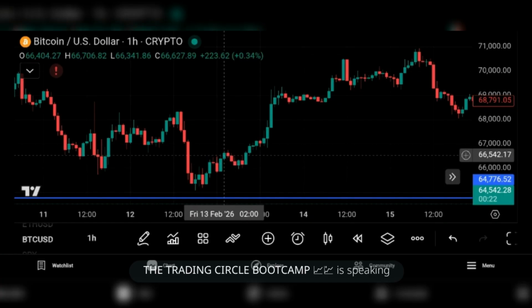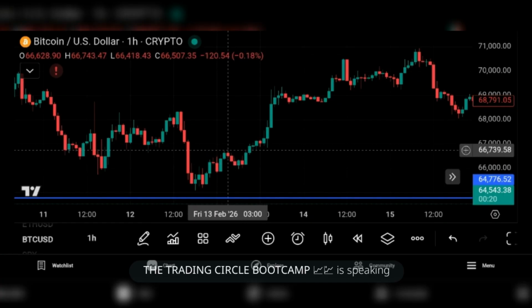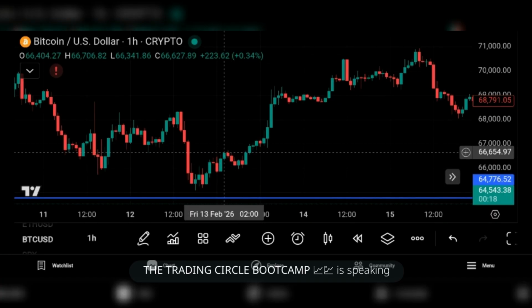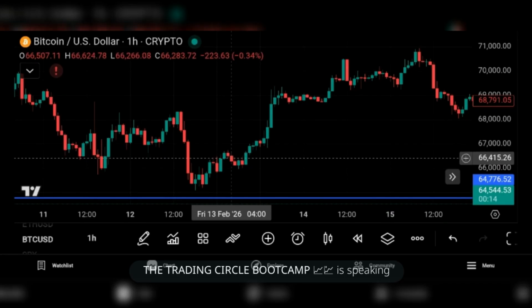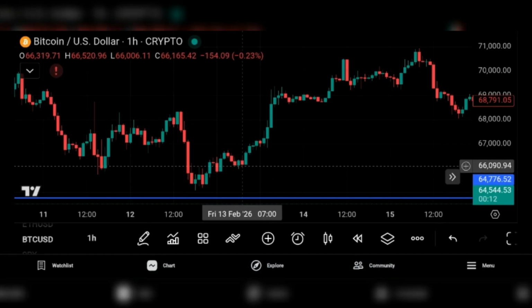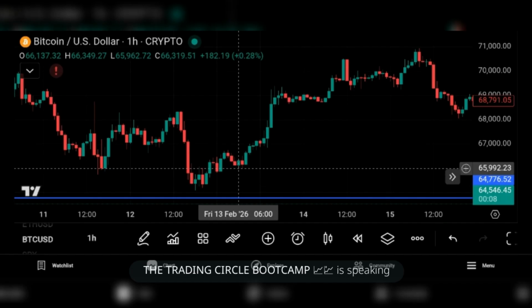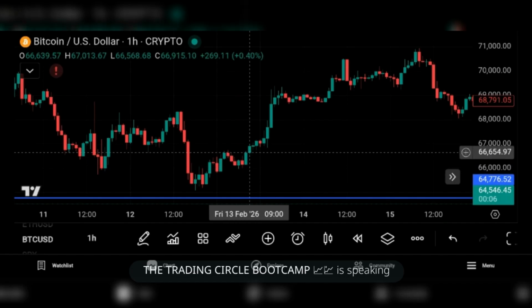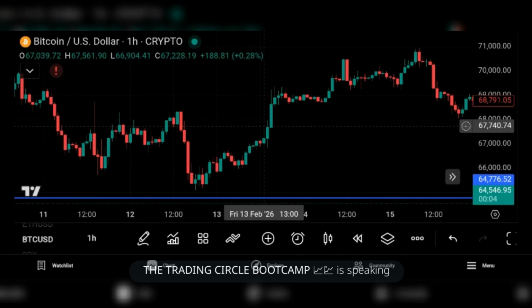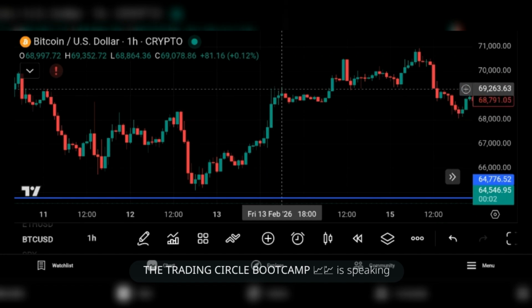So this point here is our higher high, or let's say our first high. Now when it goes down a bit to this point, it stops here, then it starts progressively going up again. You start seeing more bullish candles going up, more green candles.